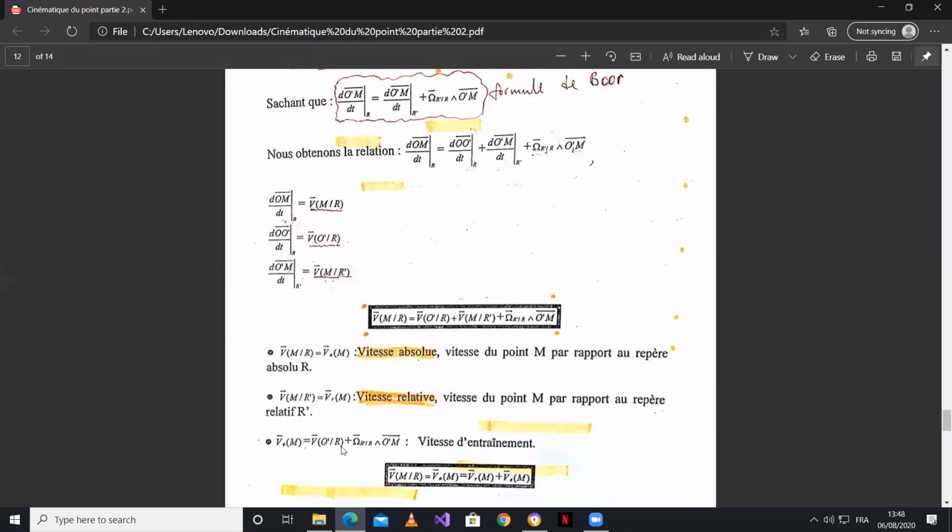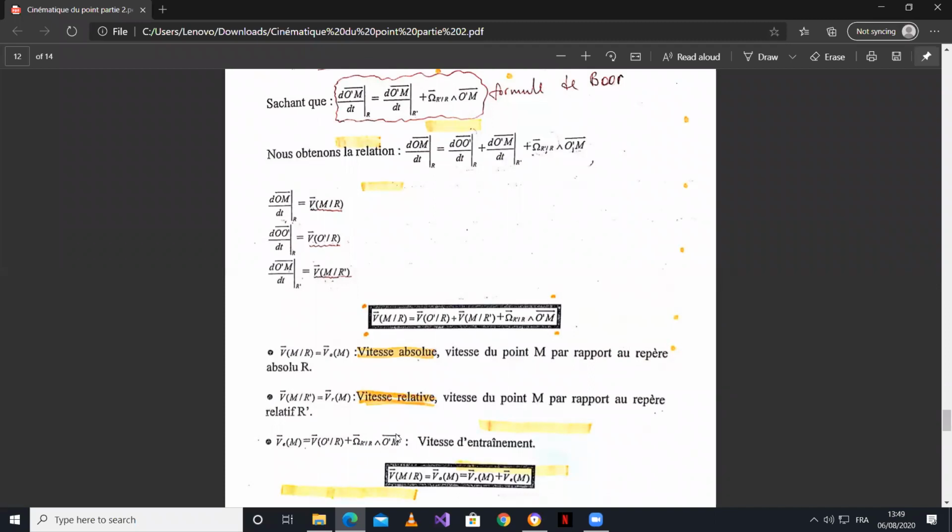So we have first the vitesse de O prime dans R. This one is telling us how the translation of the referential R prime was with respect to the referential R. And then we have this rotation, omega de R prime par rapport à R vectoriel O prime M. It's now telling us about the rotation.